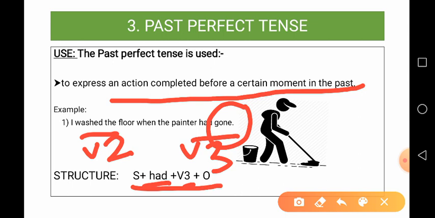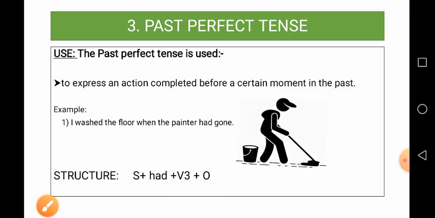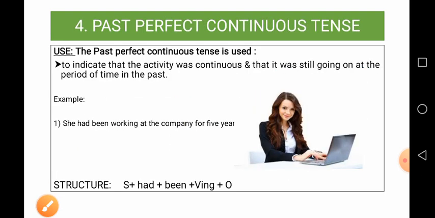Of course, the painter had gone, means painter went first and then he washed the floor. The structure of past perfect is, tell me what? Subject plus had plus V3 plus object. Very good.